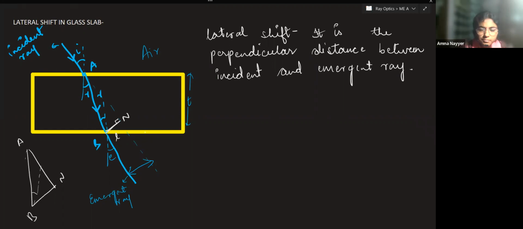The incident ray is coming in at A, N, B.